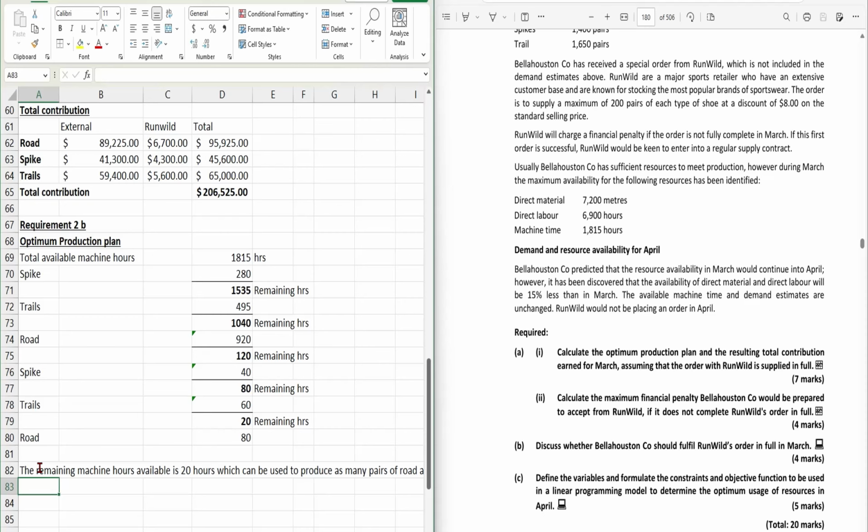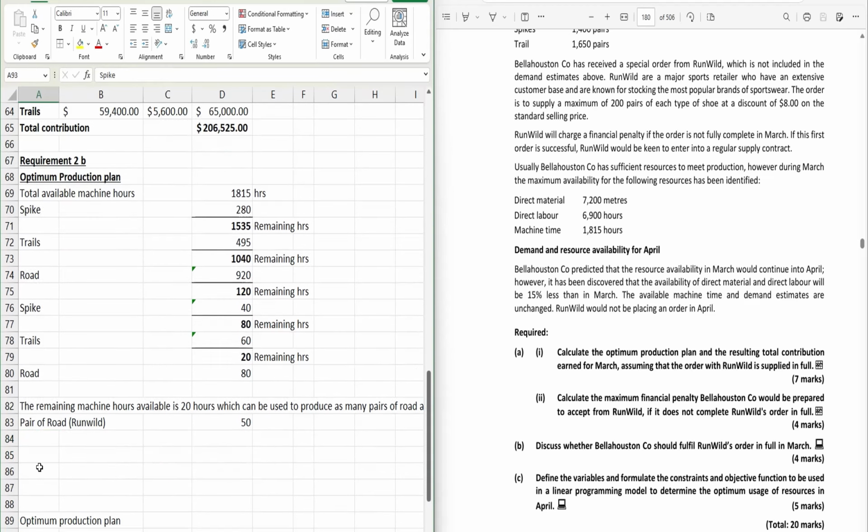So how many pairs of road can we produce for Run Wild? In 20 hours, we can produce 50 shoes, right?